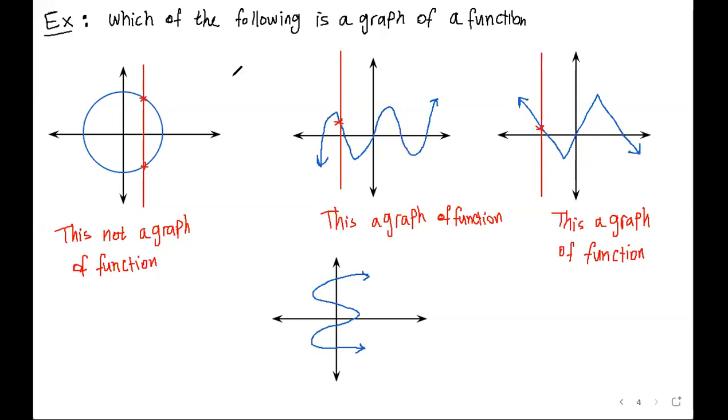The last one, who will do the last one? This one. It is not. Why? The same thing. Draw a vertical line. Look, the line intersects the curve at the first point, second point, third point, fourth point. 4 points intersect the curve. This means it is not a function. And here the same thing. It is not a function here either.